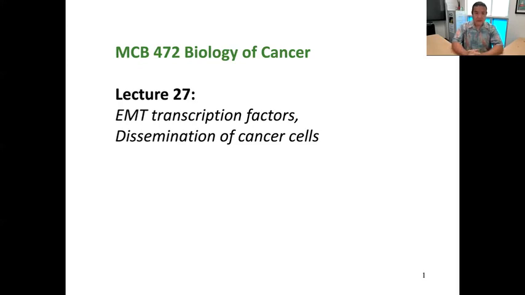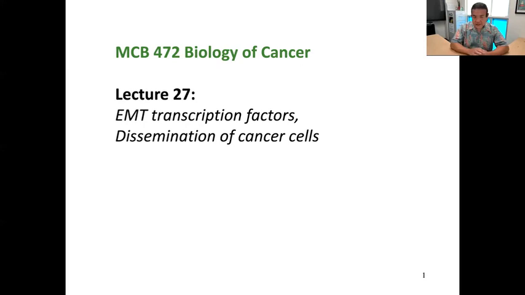All right. So let's continue talking about the different changes and challenges that a cancer cell faces as it leaves the original primary tumor and has access to invade the surrounding tissues and eventually get into the blood.